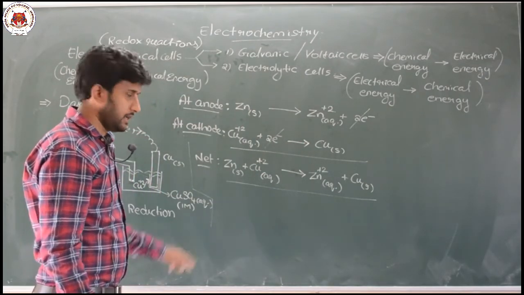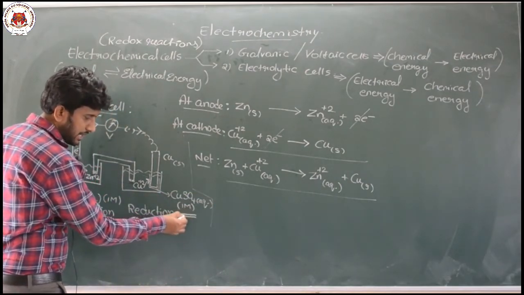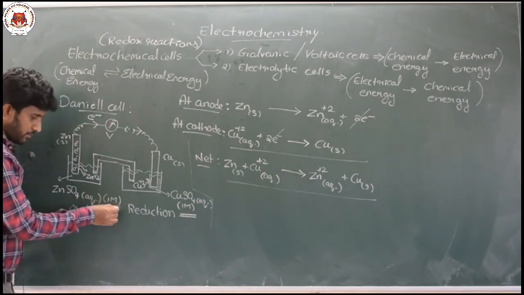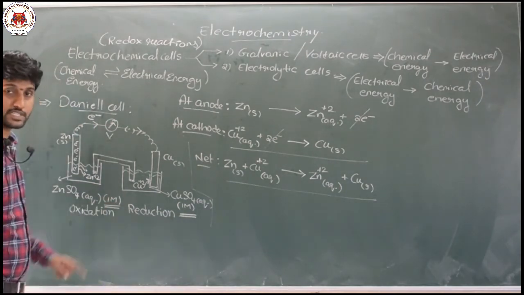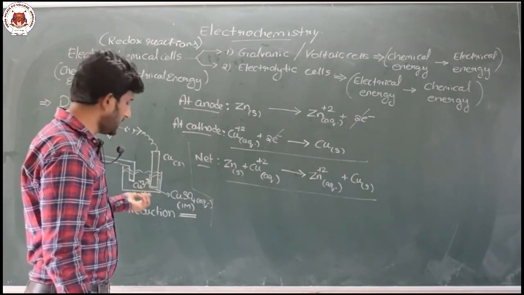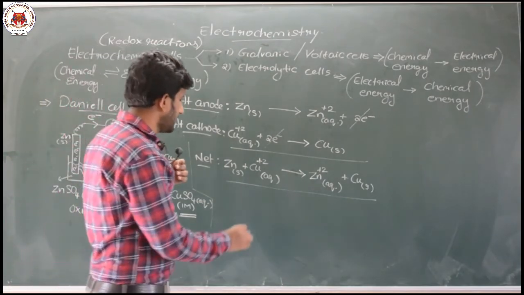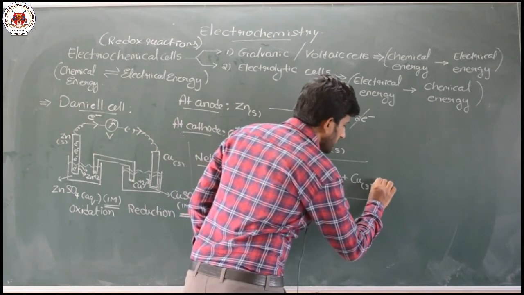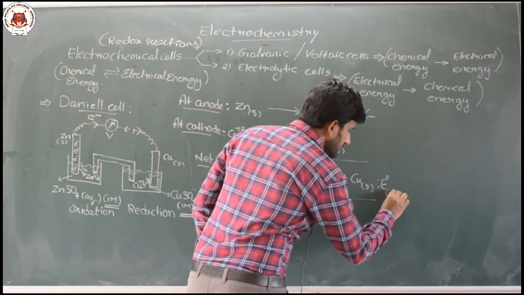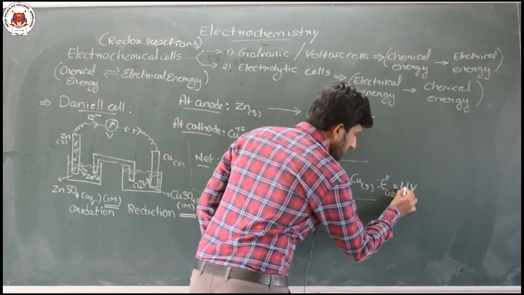In this particular cell at standard conditions, means if you take 1 molar copper sulfate and 1 molar zinc sulfate, standard condition means 1 molar you should take, right? And at 25 degrees centigrade the energy produced by this cell is 1.1 volt.